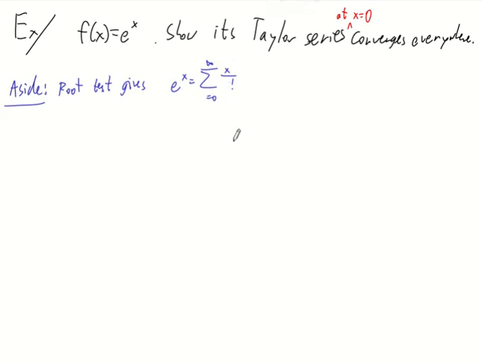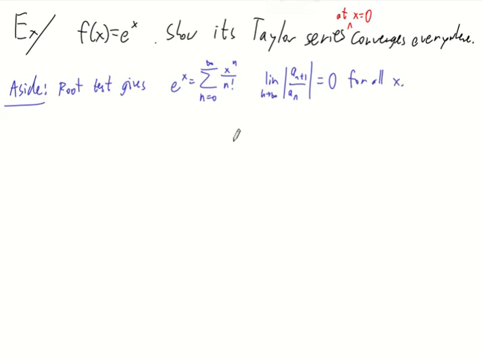Let's use an n instead of a k. And then you can show that the limit as n goes to infinity of a_(n+1) over a_n is going to converge to 0 for all x values.